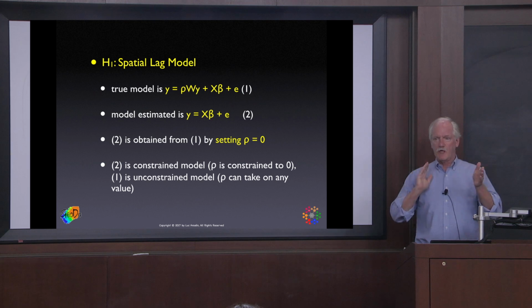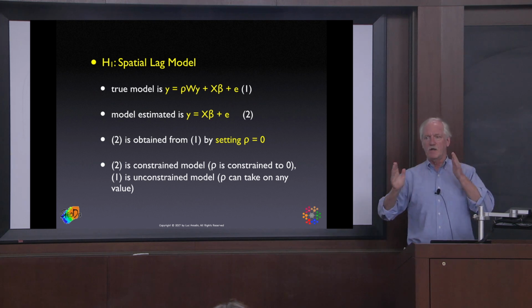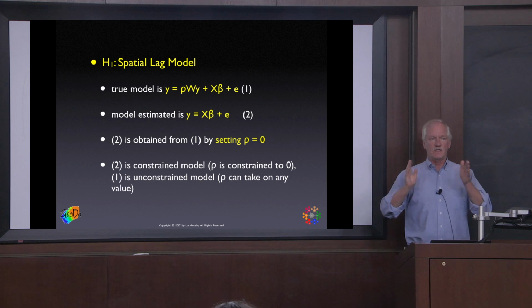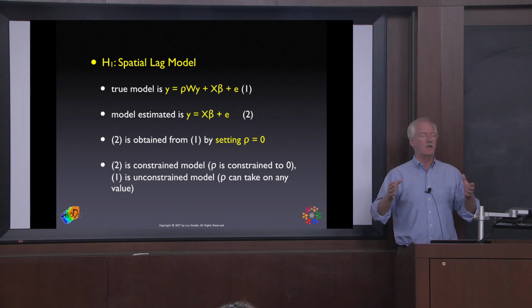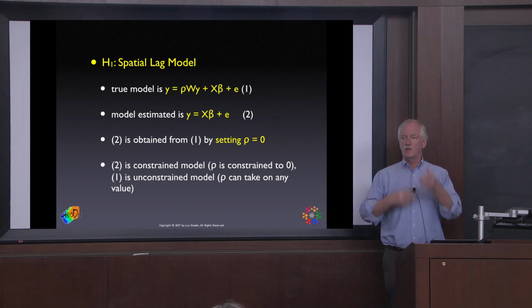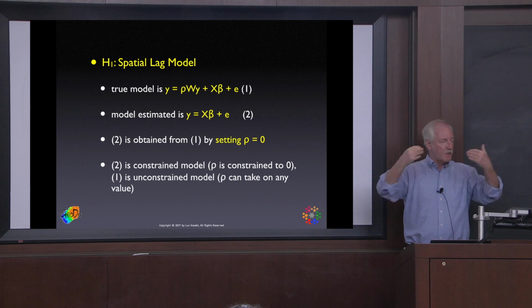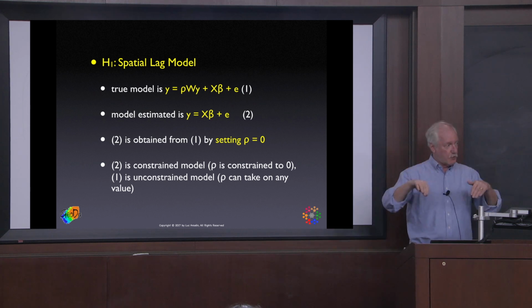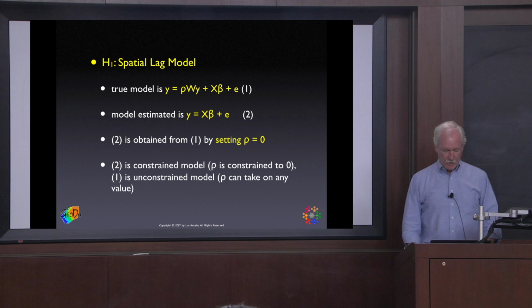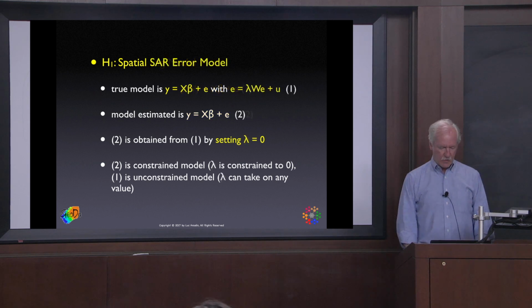You would think that constraint is worse, but in a sense, it's not really worse. It's the one that you start with. So you typically start with a model that is simpler than the most complex model. As we'll see later, there's also another way to approach it, is to start with the most complex model and then impose constraints and test those constraints. We'll talk about that on Wednesday.